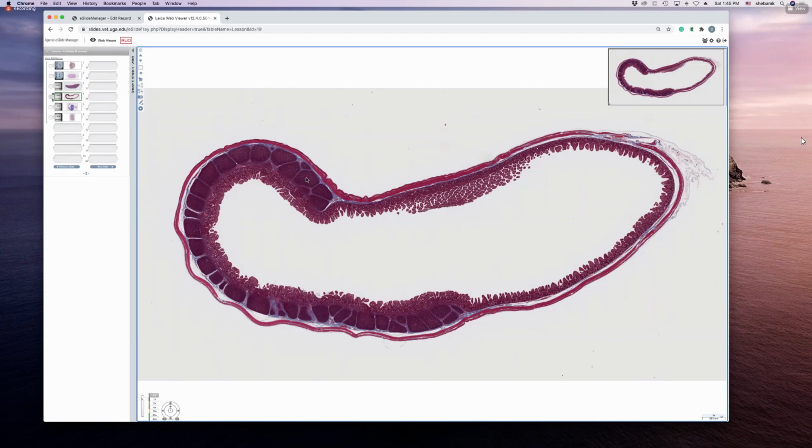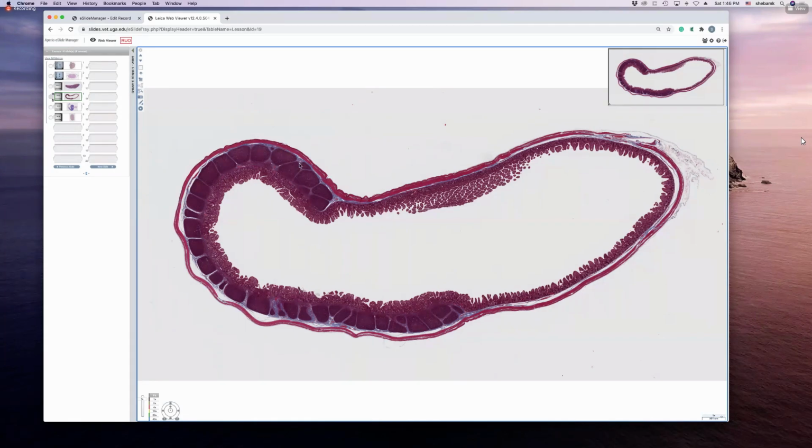What are these structures? Are they Peyer's patches? Yes, the whole thing is a Peyer's patch, but these structures are nodules. You see lymphatic nodules, so this whole thing is the Peyer's patch.